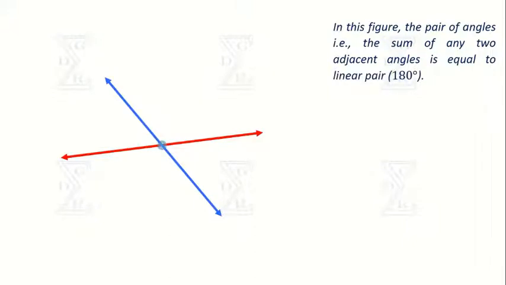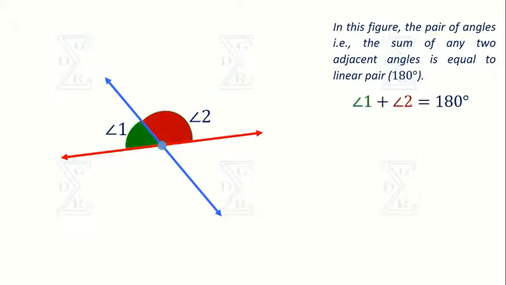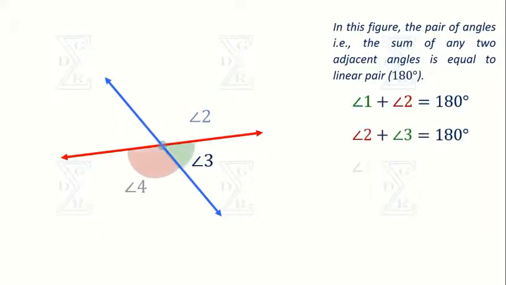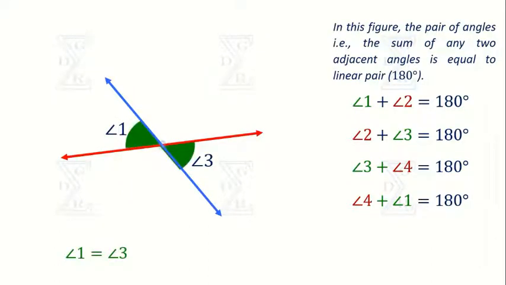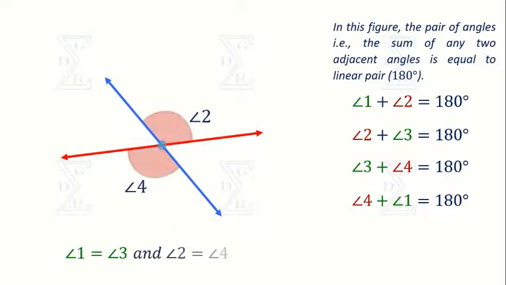That is, the sum of angle 1 and 2, angle 2 and 3, angle 3 and 4, or angle 4 and 1 is equal to 180 degrees. Another important point is, vertical opposite angles are equal. That is, angle 1 is equal to angle 3, and angle 2 is equal to angle 4.